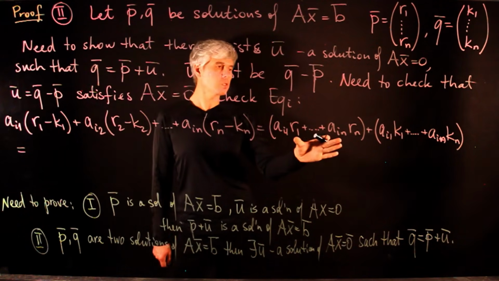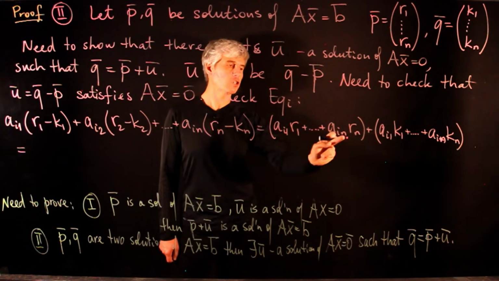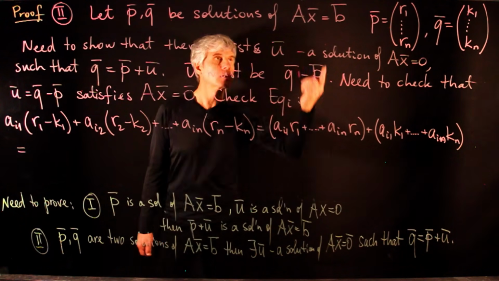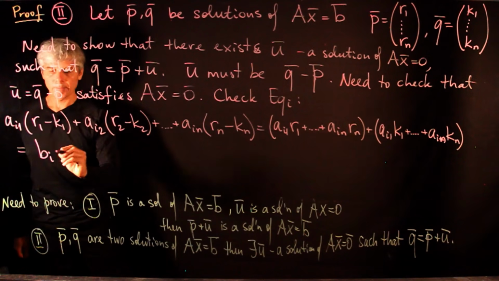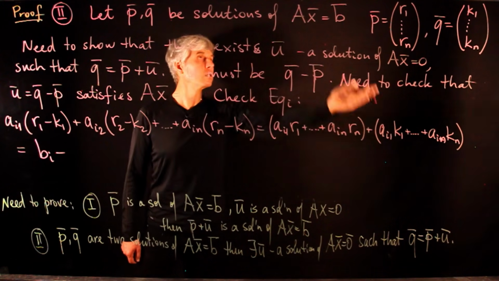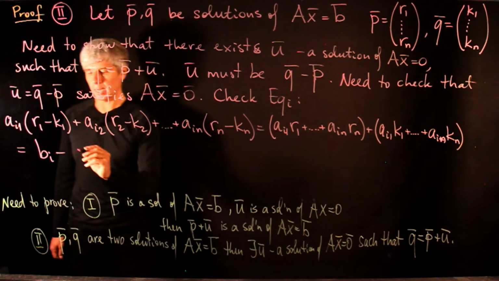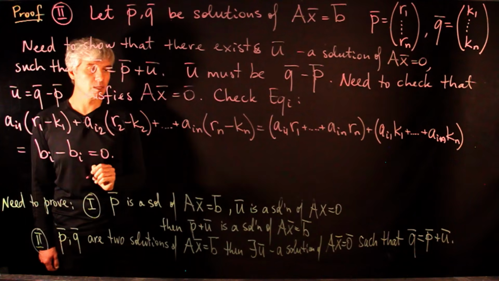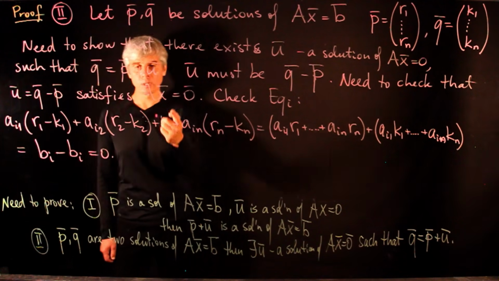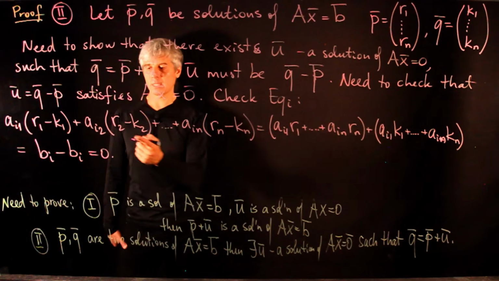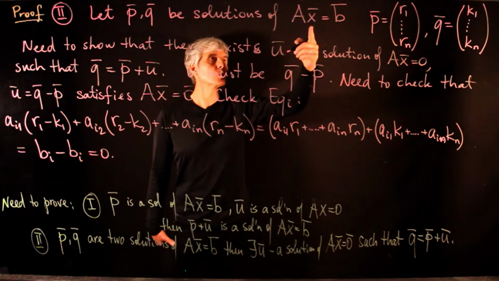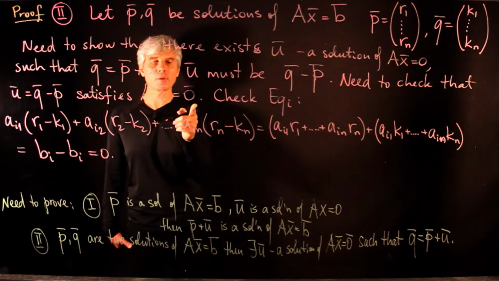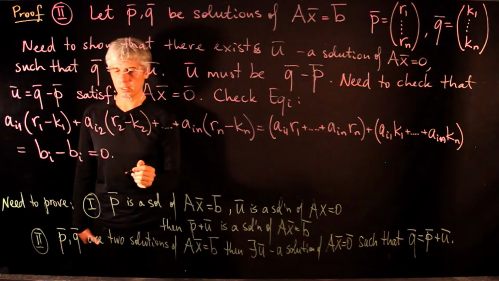And so when we substitute p in this equation, we are going to get bi, which is the right-hand side of equation number i. But when we substitute q in the same equation, we also get bi. And the result will be bi minus bi, which is 0. And that's exactly what we wanted to show. So now we see that the difference of two solutions of a non-homogeneous system will actually satisfy a homogeneous system with the same coefficient matrix.